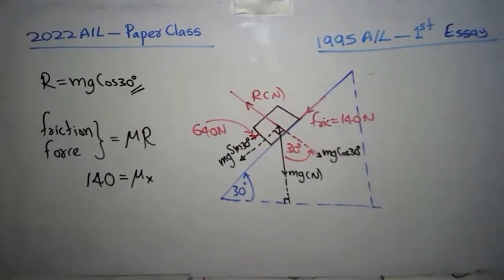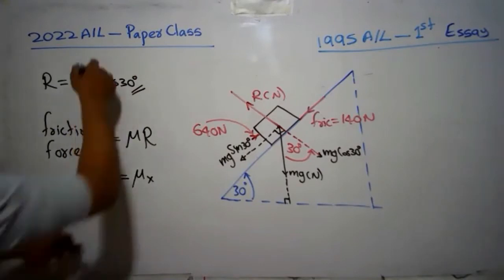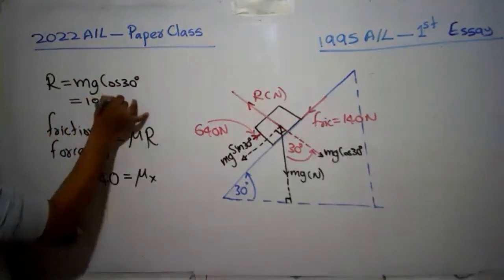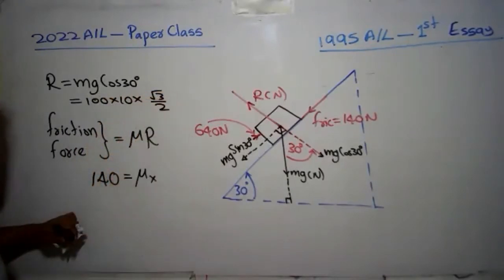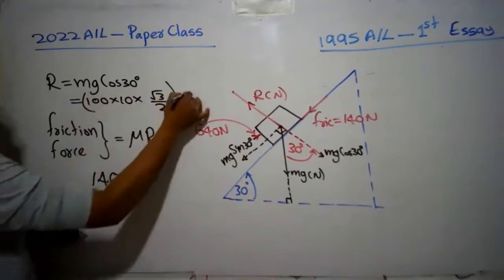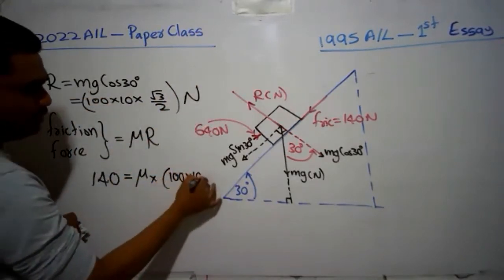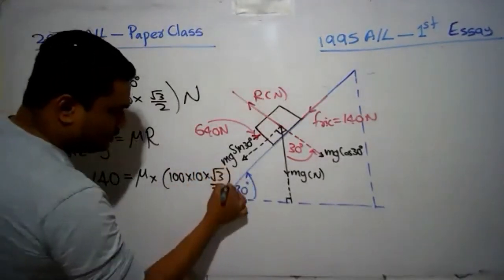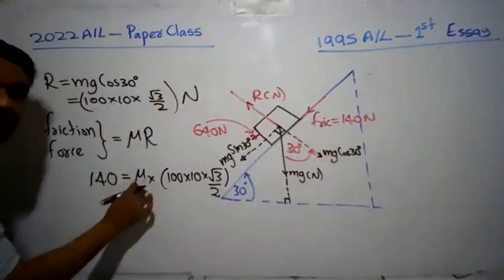We have found R, where m is 100, g is 10, and cos 30 is root 3 divided by 2. So I'll put this value here: 100 into 10 into root 3 divided by 2. Please draw this figure, write down everything, and try to find the value of mu.